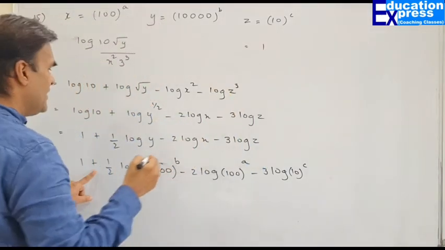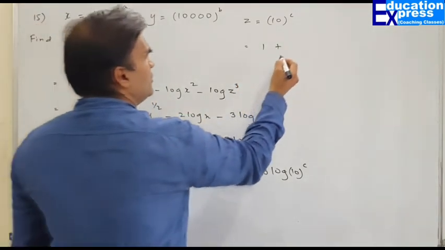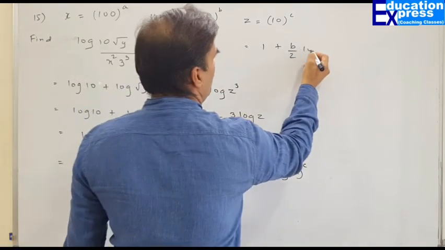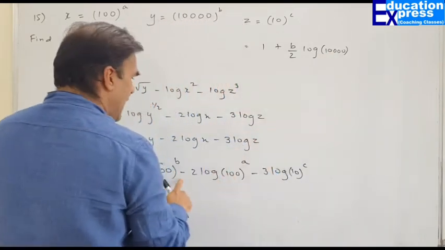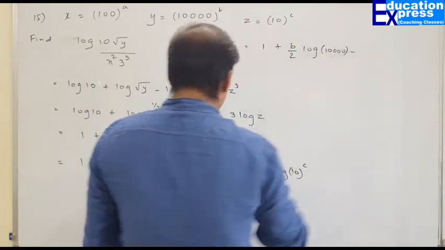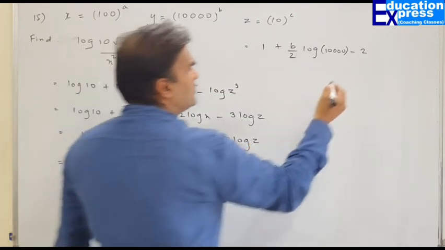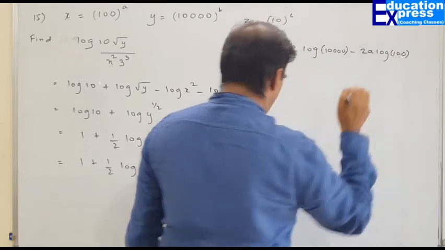1 plus, can we bring this b over here? Of course sir. So it will become b upon 2 log of 10,000 minus 2. Can we bring this a over here? Of course sir. So it will become 2a log of 100.